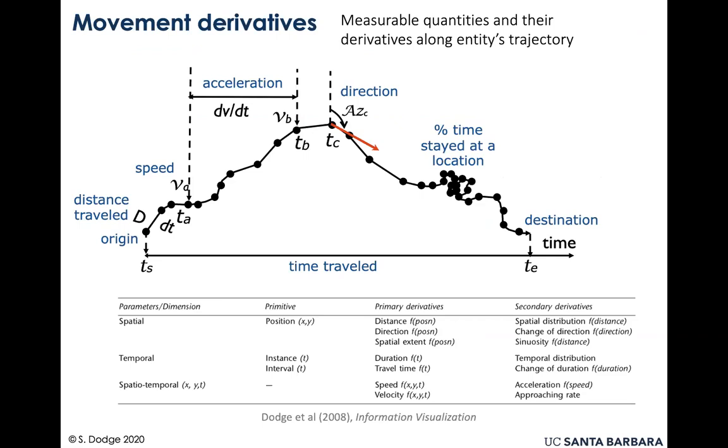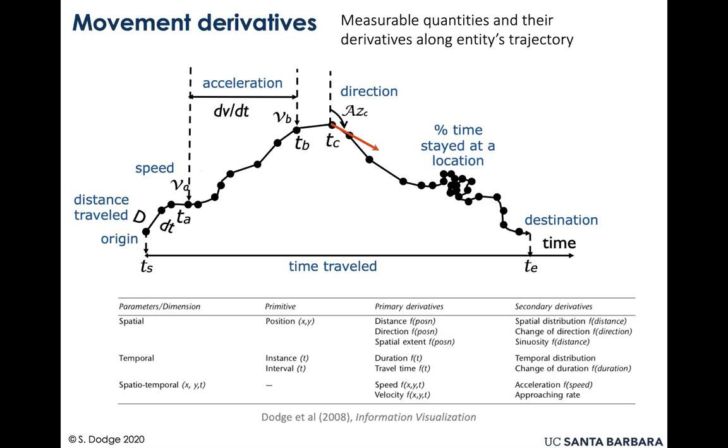Using this trajectory, we can derive a lot of information. These trajectories carry a lot of information about the entities that move, either animals or humans. So we can, for example, compute distance traveled over time, or step lengths taken between two GPS points, or we can calculate the speed over time, which is the ratio of distance over time.